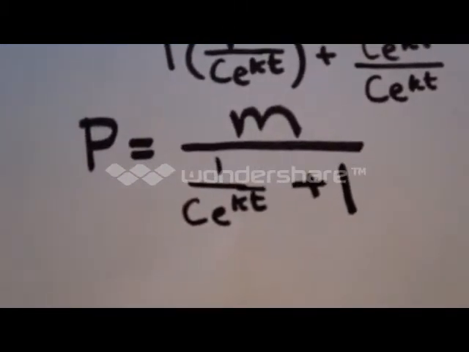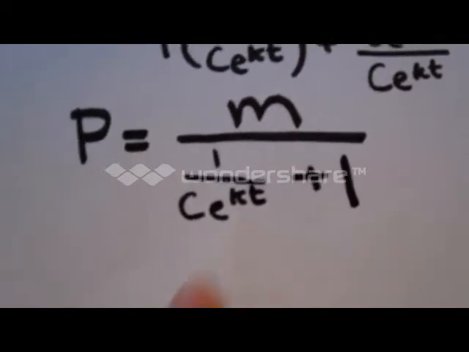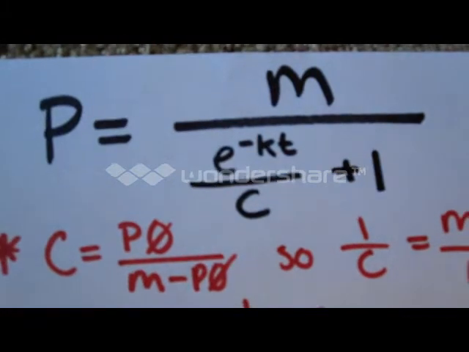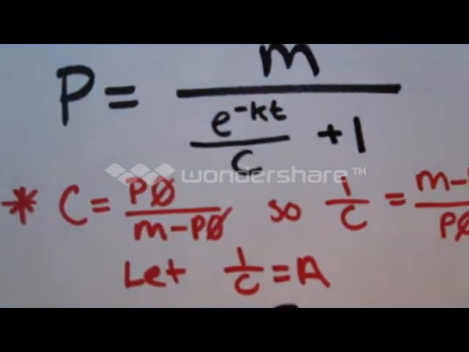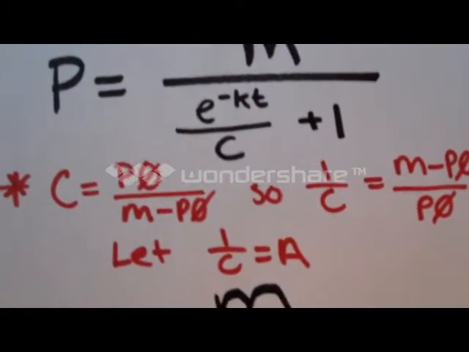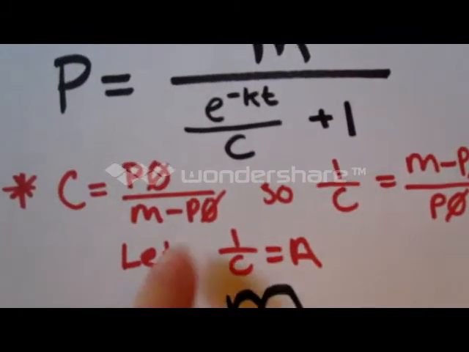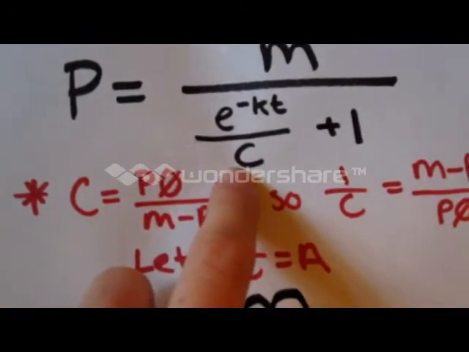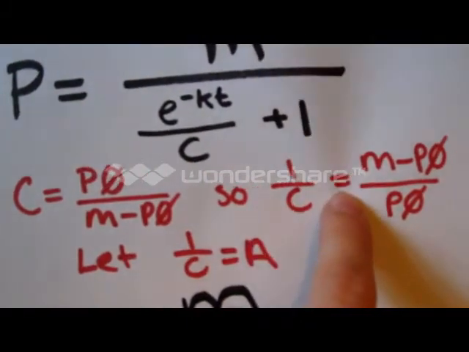You can also take the e and put that on the top of this equation, because 1 over e^kt is the same as e^(-kt), so you can see that here. They said that c equals P0 over (M minus P0), so since we're looking at 1 over c right here, let's do 1 over c equals (M minus P0) over P0.